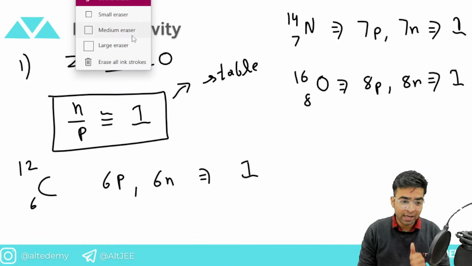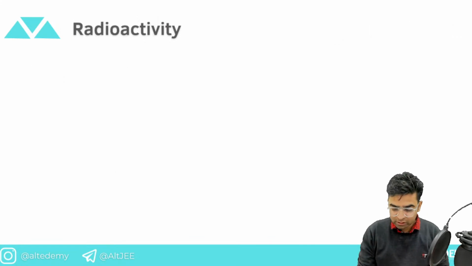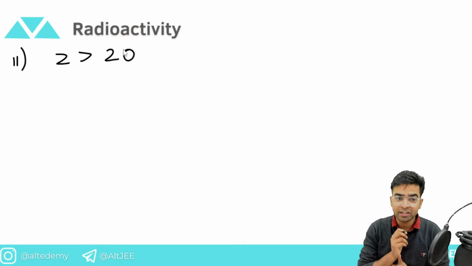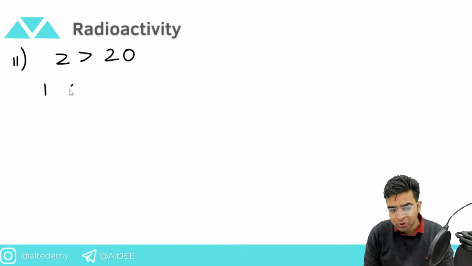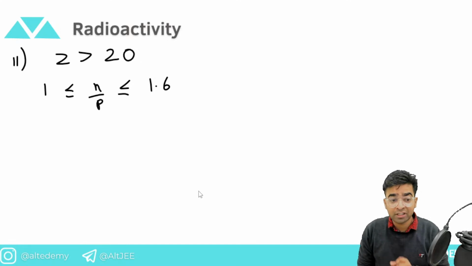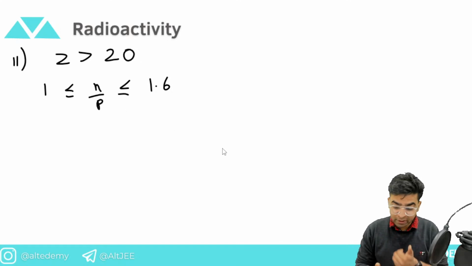Second, when Z is greater than 20, then this ratio has to be larger than 1 and lesser than 1.6.